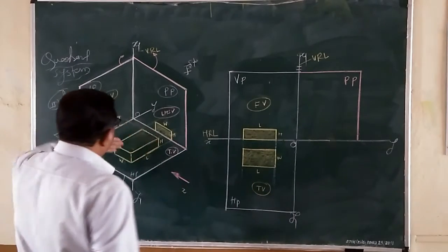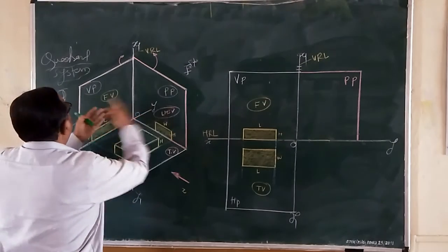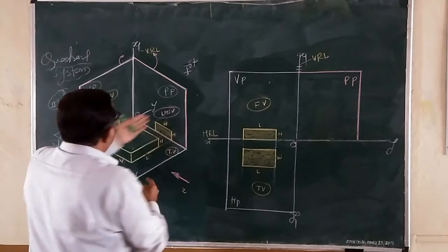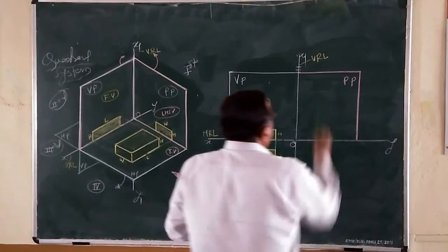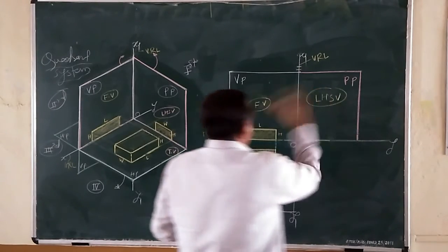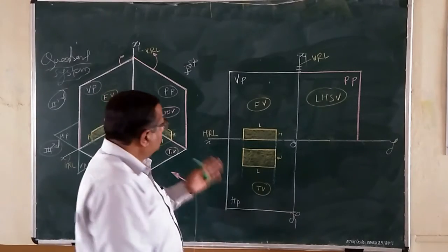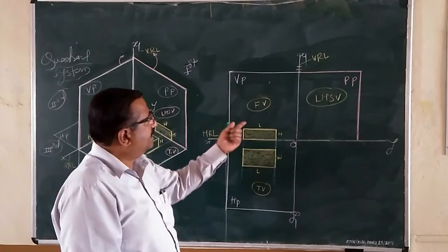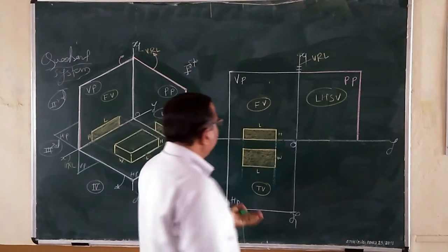So the left hand side image we have got here on the profile plane, which is on the right side of this front view. Here only we will get its left hand side image on the right side of the front view. And on the contrary, in the previous lecture we have seen the right hand side view on the left of the front view. Here the left hand side view should be drawn on the right side of the front view.